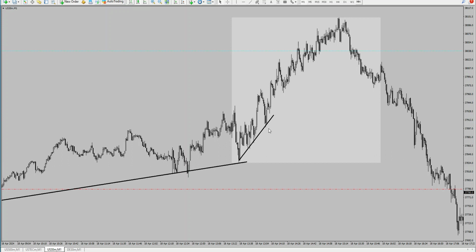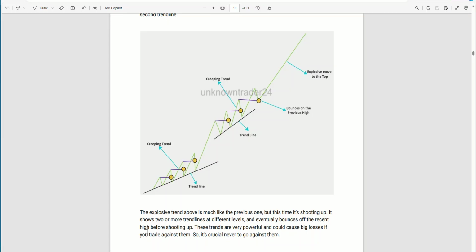And one thing I like about an explosive trend like this is you are actually able to size in. You see they bounce. Let me show you this, I explained this in the playbook. I want everybody to see: the explosive trend above is much like the previous one, but this time it shoots up.